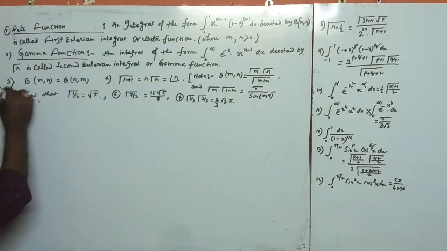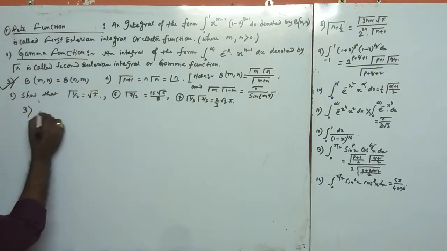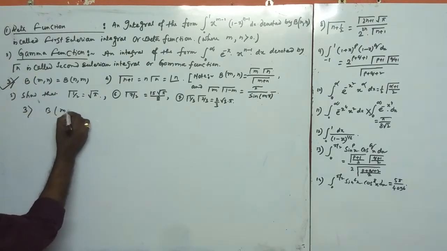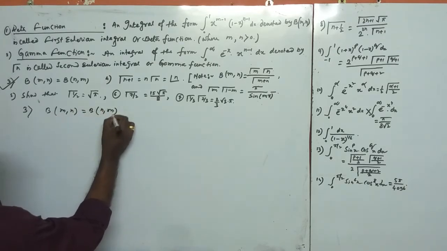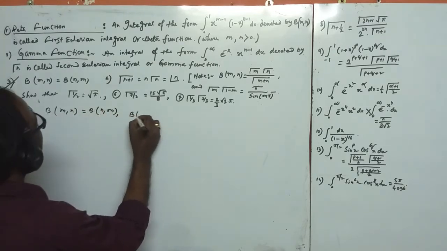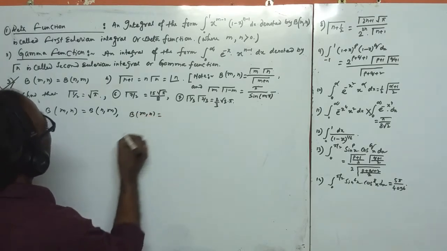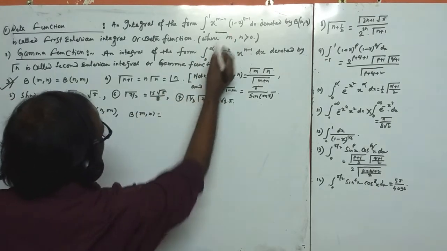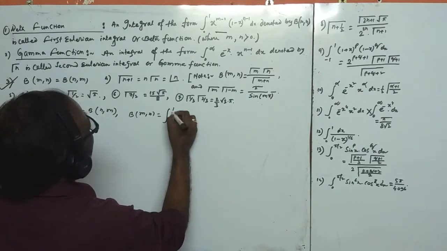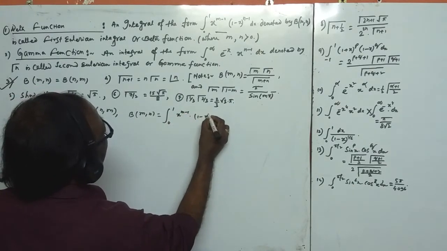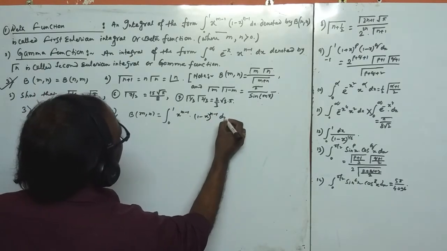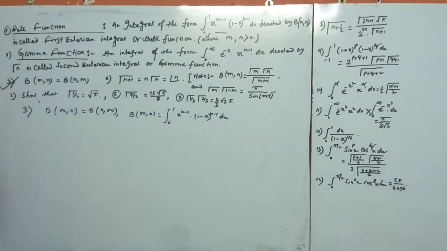For question number 3, we have to show B(m, n) is equal to B(n, m). From the definition we can write B(m, n) is equal to the integral of x to the power m minus 1 and (1 minus x) to the power n minus 1 dx.